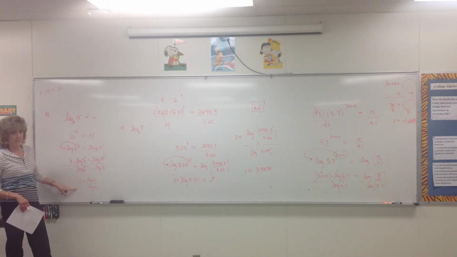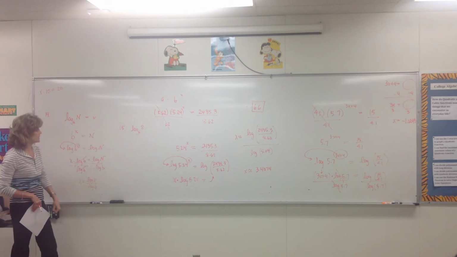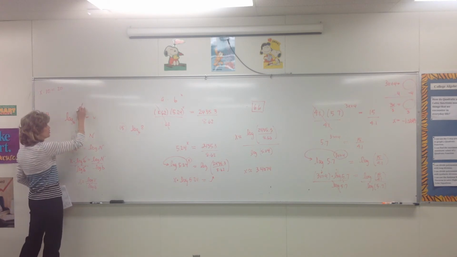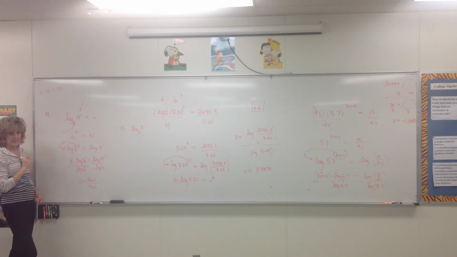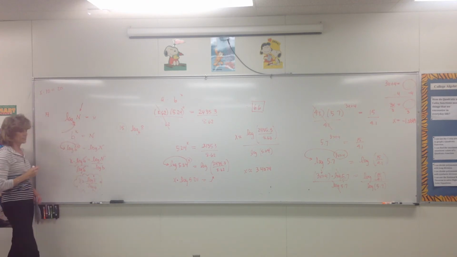This right here gives us a change of base formula. What really ends up happening every time, if you want to do log of any base, like log base 6 of 8, it turns out that you will always do log of the argument and divide it by log of the base. So this is a change of base formula. Log of the argument divided by log of the base.